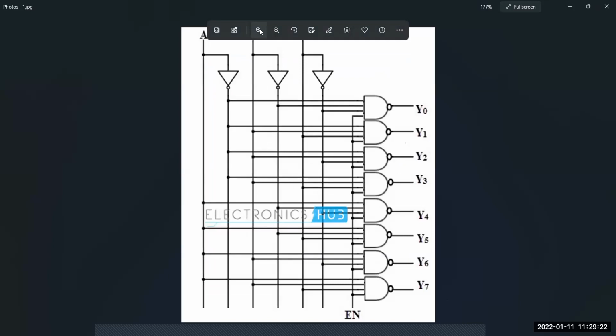So this is the logic diagram of the 3:8 decoder. You already got the expression from the truth table earlier. Based on the expression or the truth table, the circuit of the 3:8 decoder can be implemented using 3 NOT gates.